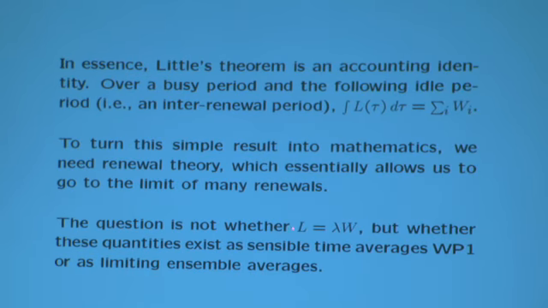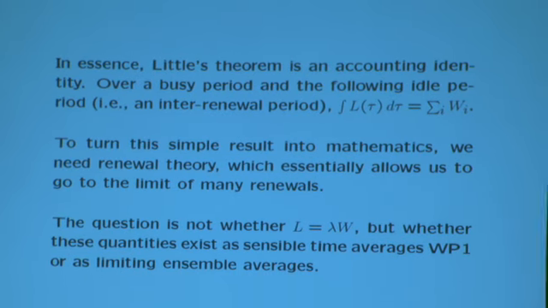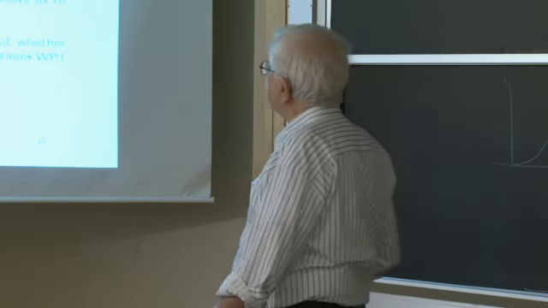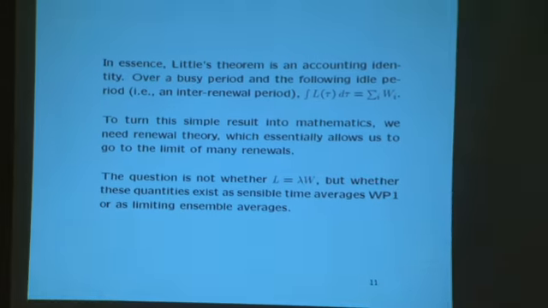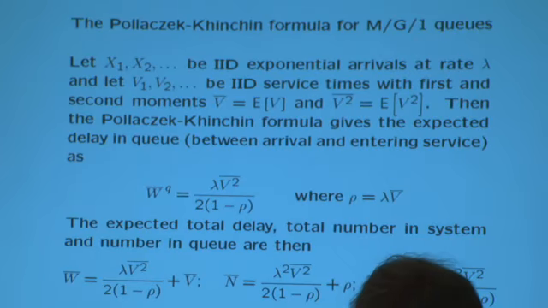The question is not whether L equals lambda W, but whether these quantities exist as sensible time averages or as limiting ensemble averages. All we're dealing with now is time averages, but you can do all of these same things with limiting ensemble averages, and hopefully you get the same answer when you do it. And you have to go through a lot of analysis in order to show that these are the same. But the idea that L is equal to lambda W is in some sense much more simple and fundamental than that.